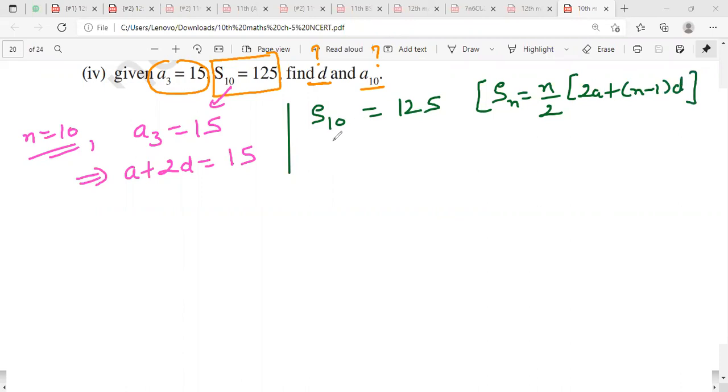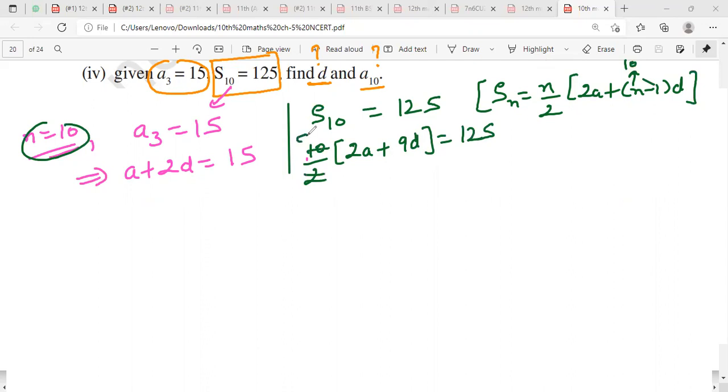Now S10, that is 125, can be written as n by 2, where n is here 10, that is 10 by 2, into 2a plus n minus 1, that is 10 minus 1, that is 9d, is equal to 125. 2 5s are 10, so 2a plus 9d is equal to 125 by 5. 5 2s are 10, 5 5s are 25.